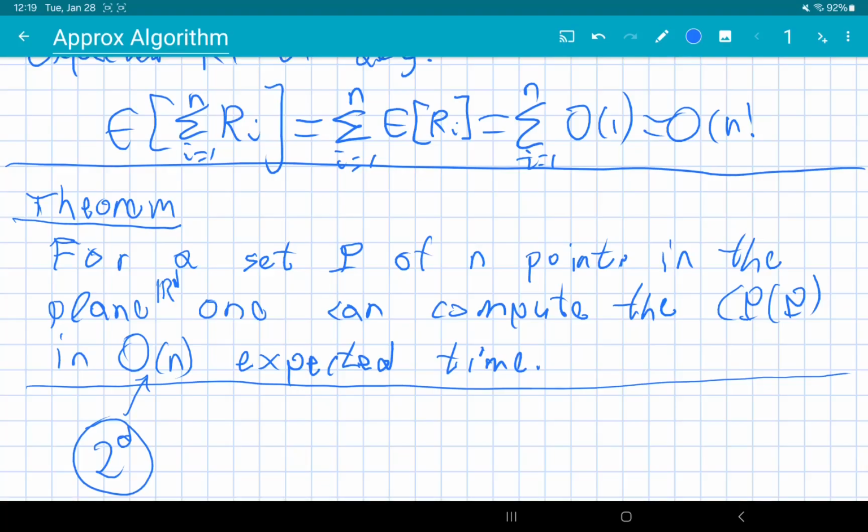By the way, a natural question is, can you replace the expected here with high probability? And the answer is yes. But this algorithm, in fact, does not have linear time with high probability, and the algorithm that does, I think it's fair to say, is completely crazy.